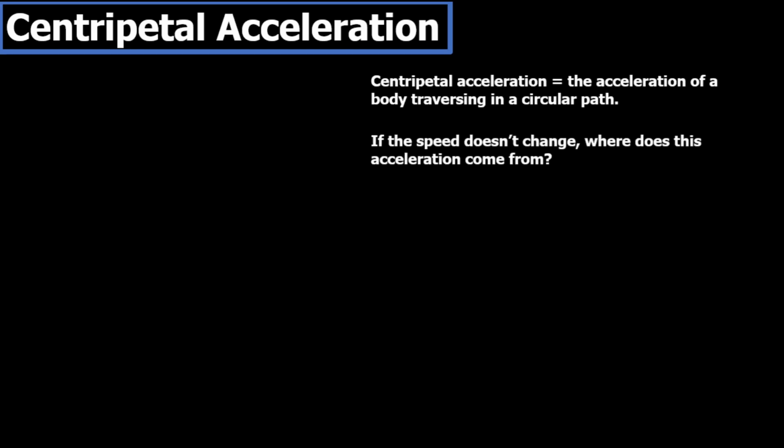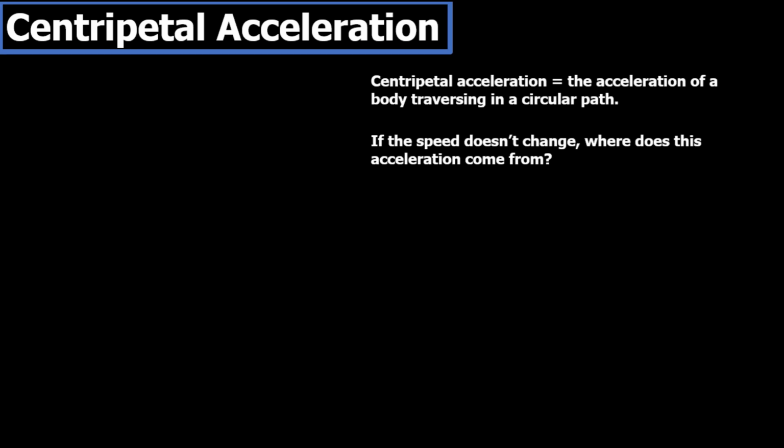Well, even though the speed doesn't change, the velocity changes. And the velocity changes in the sense that its direction changes. The magnitude of that velocity doesn't change. However, the direction changes. We'll consider this in detail in a bit.